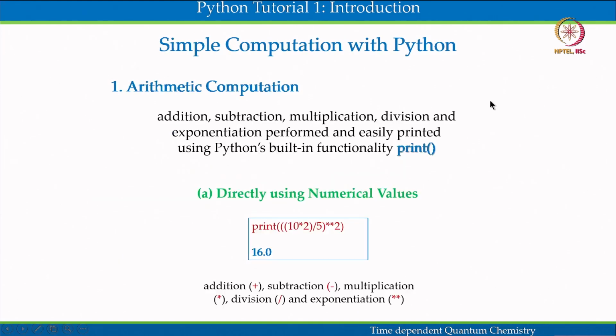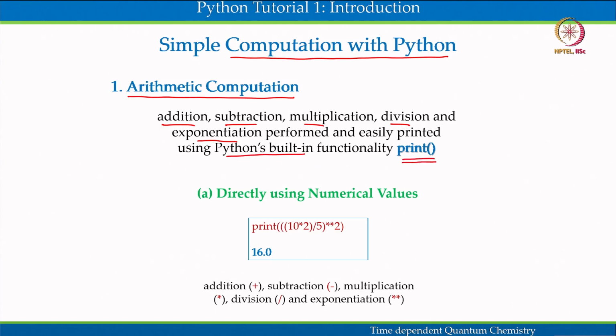We'll move to these slides right now, and we will first begin the computation with Python, demonstrating simple arithmetic computation. Arithmetic computation such as addition, subtraction, multiplication, division, and exponentiation can all be performed with Python's built-in functionality, print bracket.